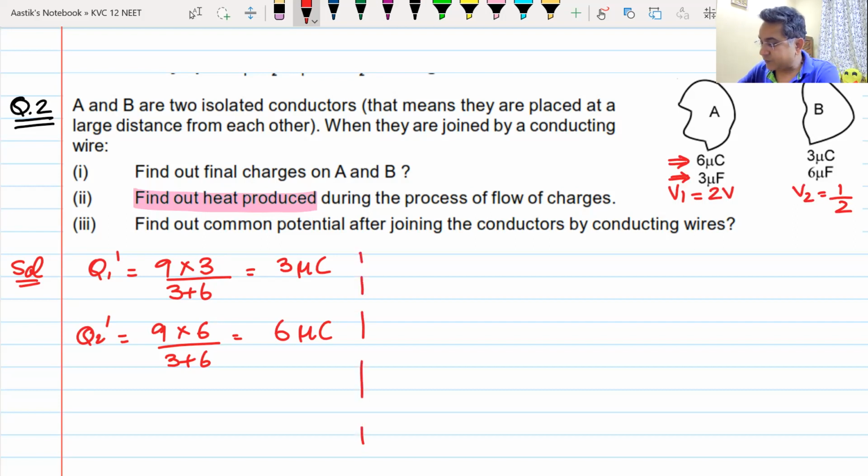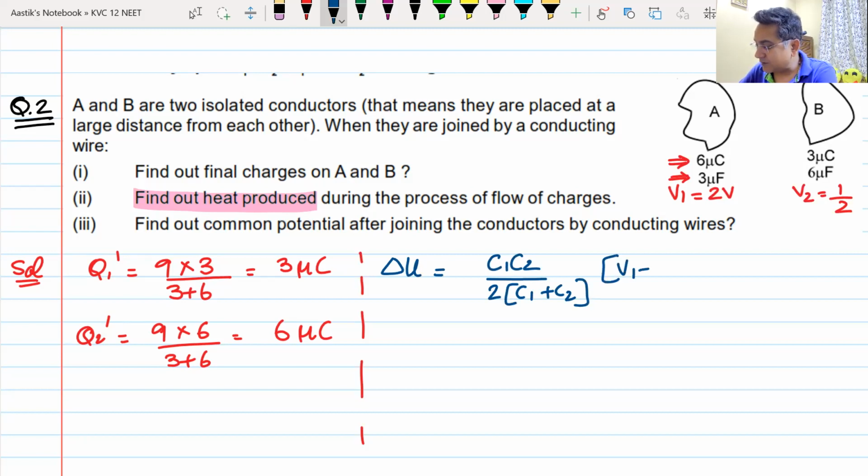Then you can put the formula of change in energy, which is heat given, C1 C2 upon 2 times C1 plus C2 into V1 minus V2 whole square. Yes or no?